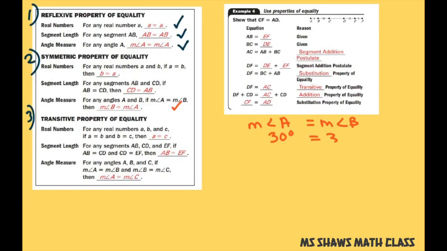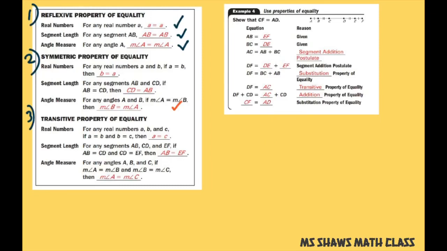In the transitive property, if A equals B and B equals C, then A equals C. I think the best way to look at this is through the examples.